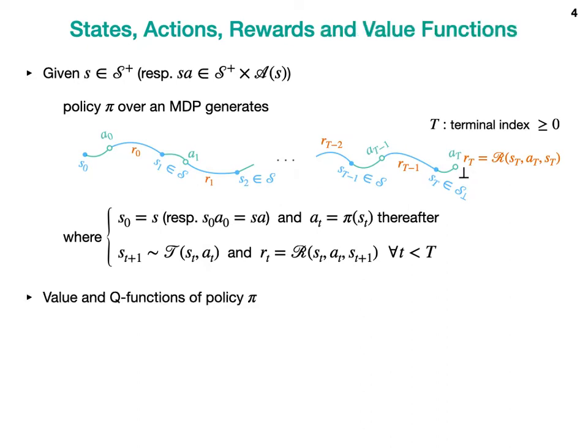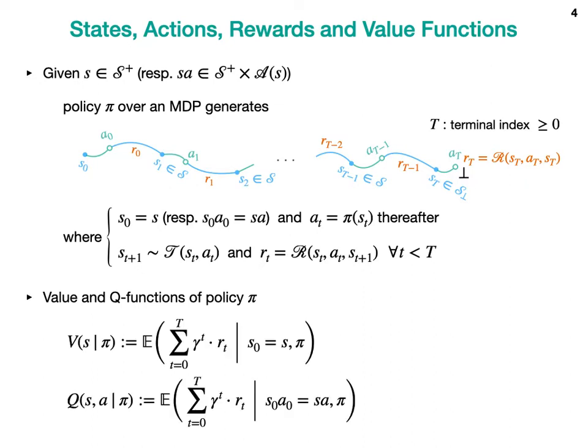Then you define the value function and the Q function for the policy pi as the expectation of the cumulative discounted reward, given that you start at state S and state action S, A respectively when following the policy pi.